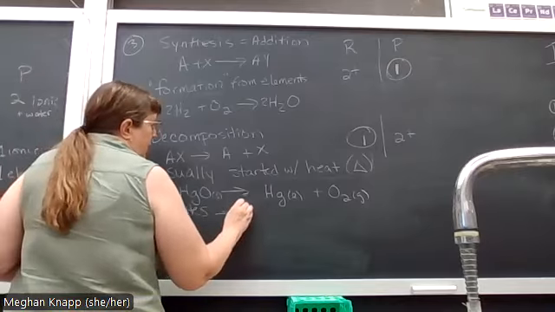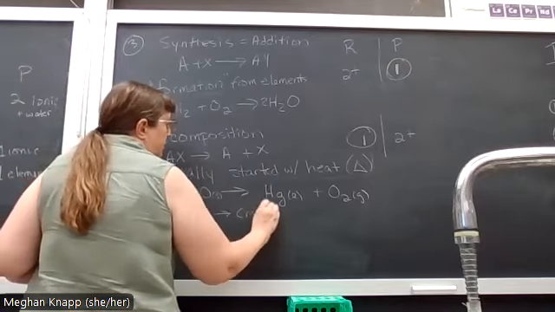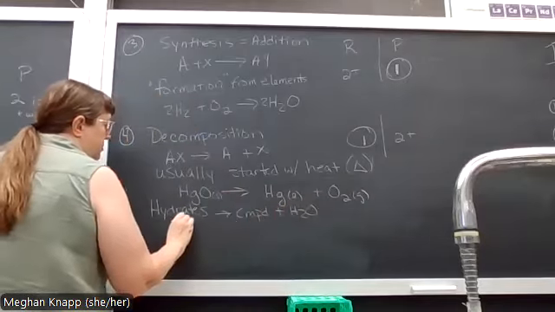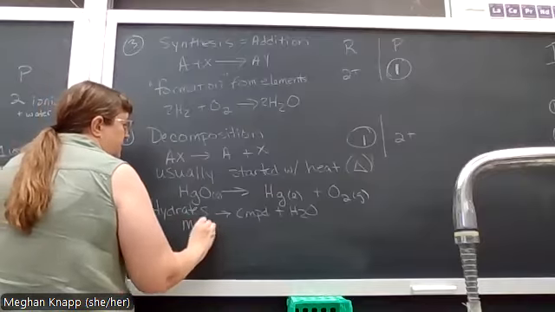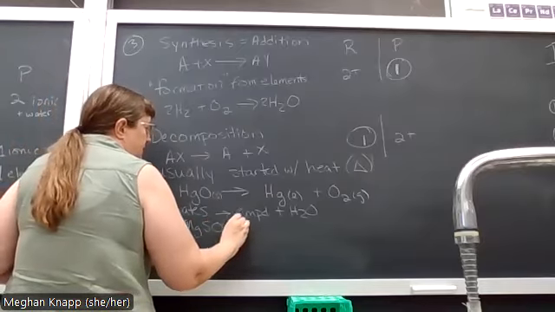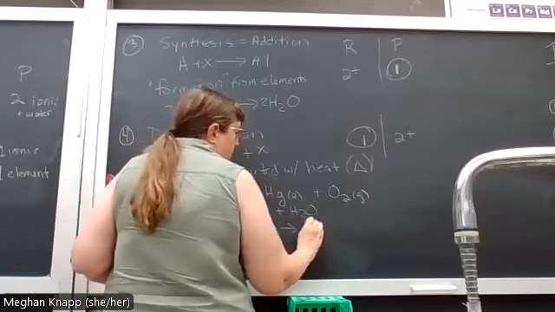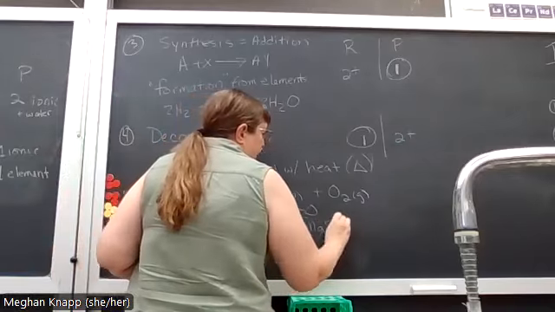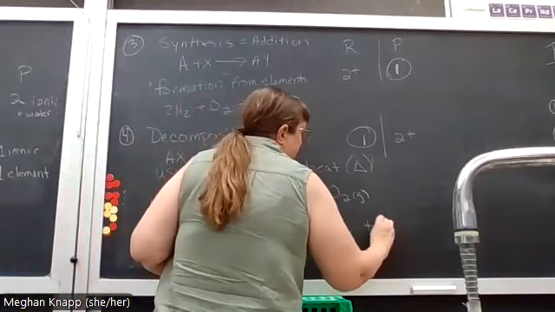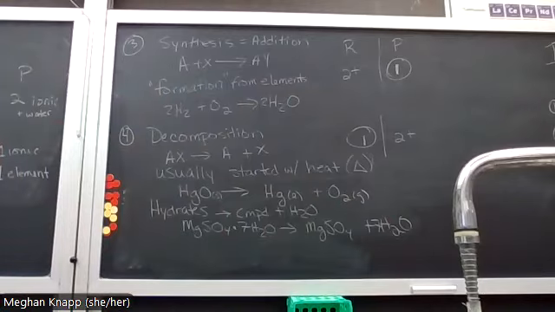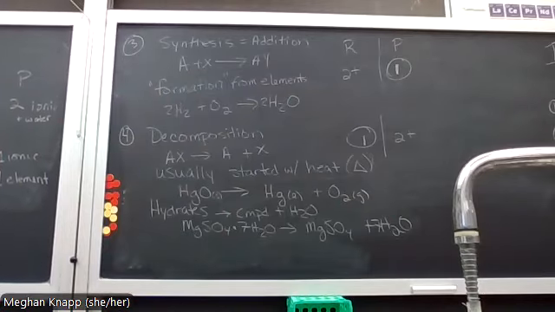You're going to get a compound plus water. As an example, magnesium sulfate dot 7H2O gives you magnesium sulfate plus H2O.